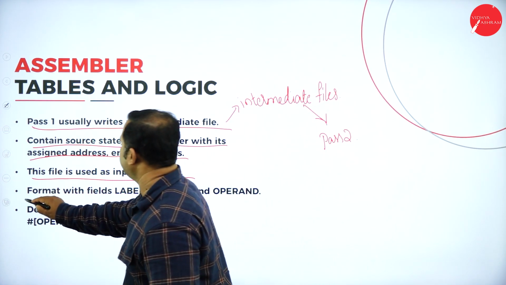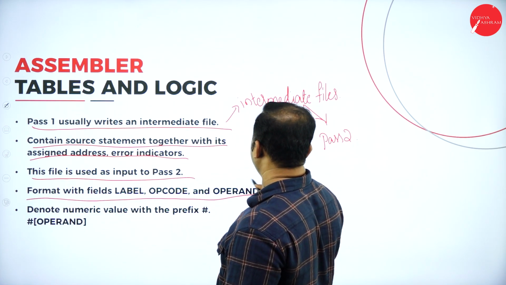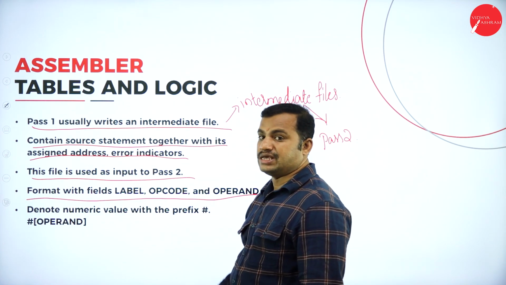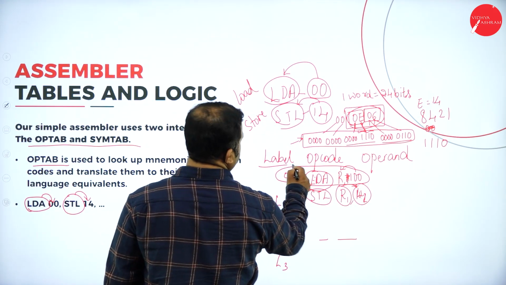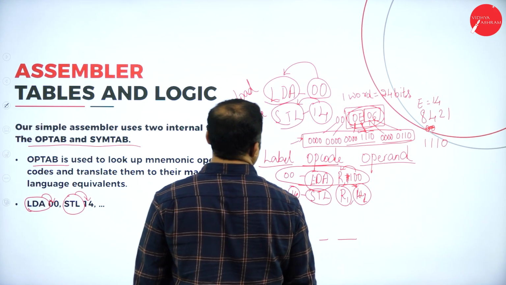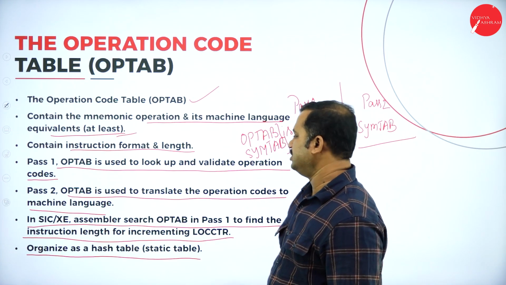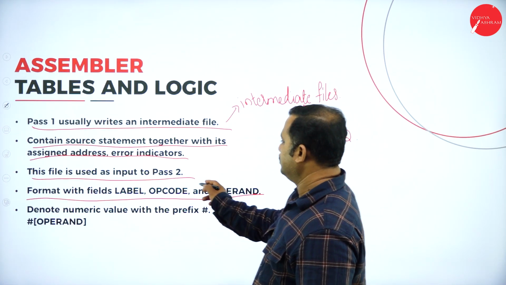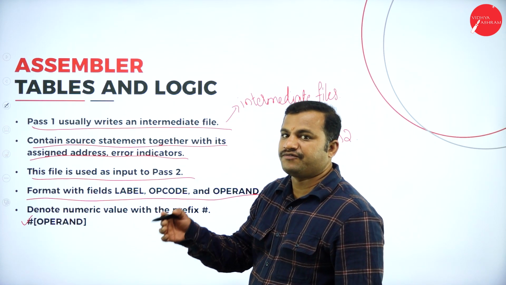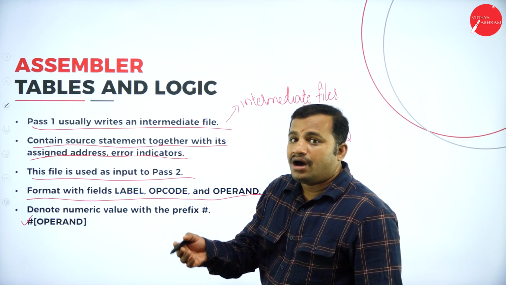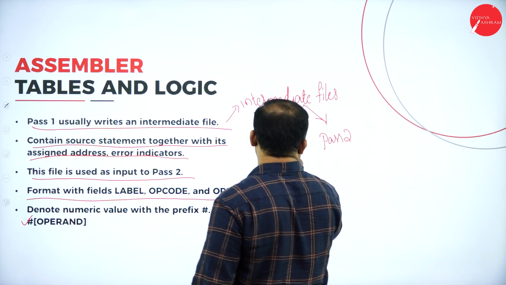Then the format with fields like label, opcode and operand. That is the same thing which I explained earlier. The same thing is followed here. Then an example: suppose I use the operand called RDREC.